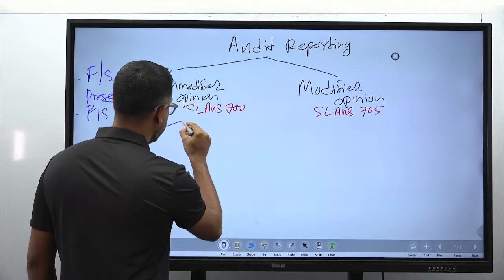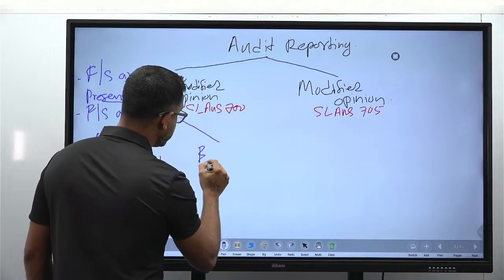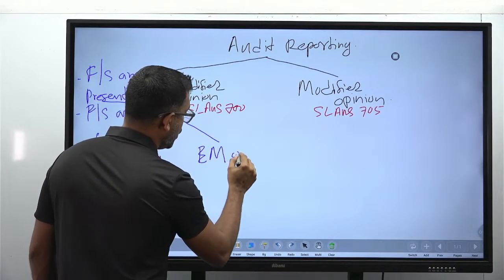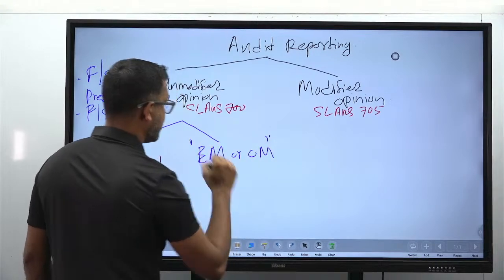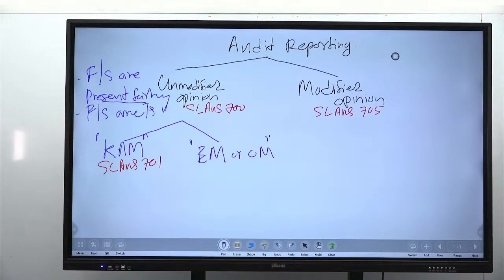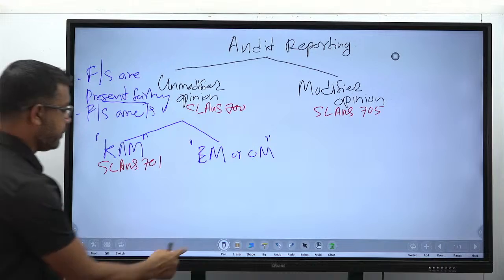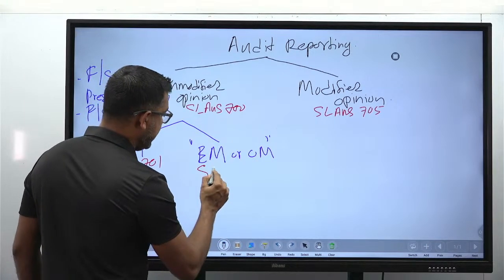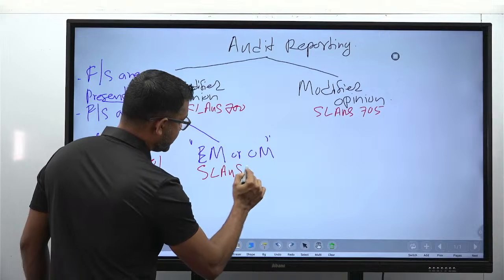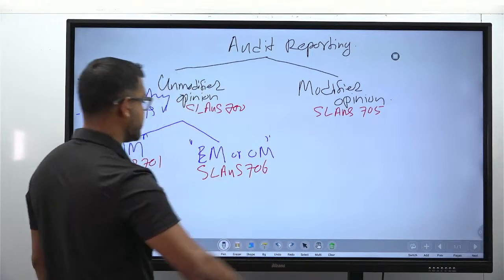of this is the emphasis of matter or other matter paragraph. This is explained in SLAUS 706.